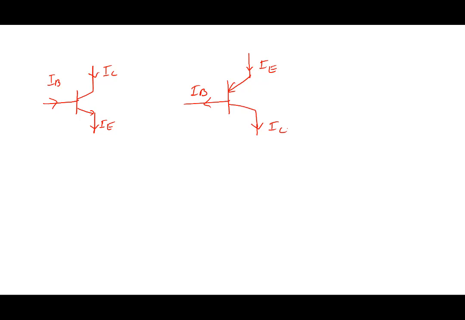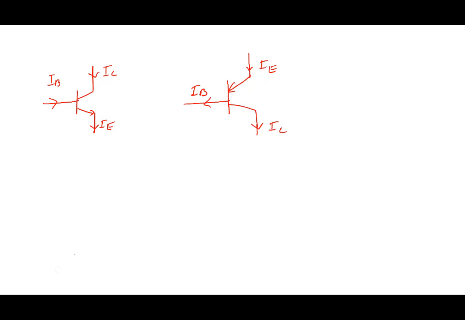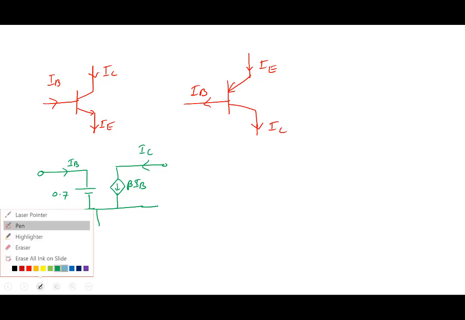Remember when we were analyzing this circuit, we said we will analyze it by assuming that between base and emitter there is 0.7, and between collector and emitter there is a current, with an IB here, and IC is equal to beta times IB. That's how we analyze in the active region for the NPN transistor. For a PNP transistor, how will we draw?